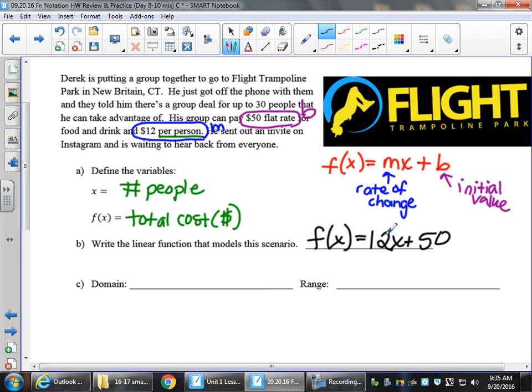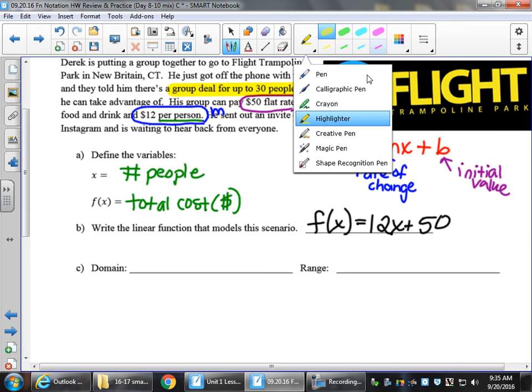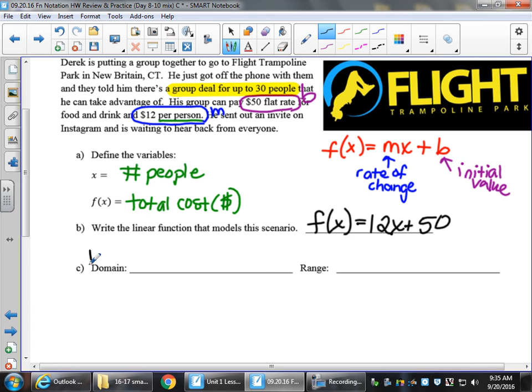When you reread this, did you find a restriction somewhere? Yes, very good. Group deal for up to 30 people. What should I be writing above domain and range to help myself out? People, money. So is 30 people for my domain or my range? How do you know?